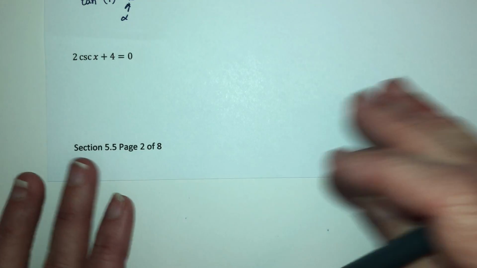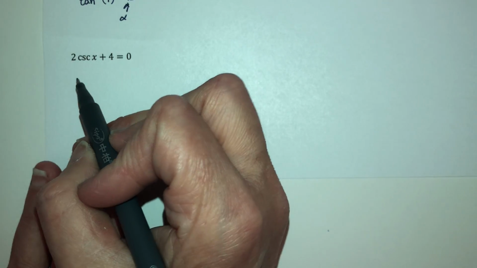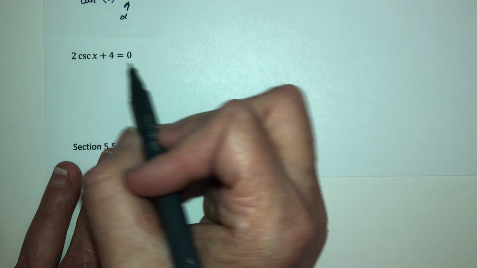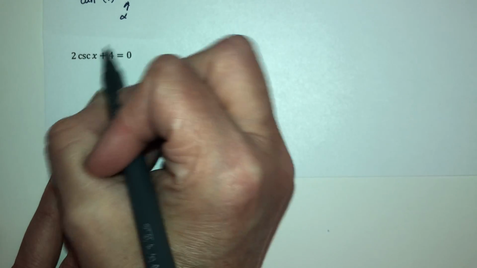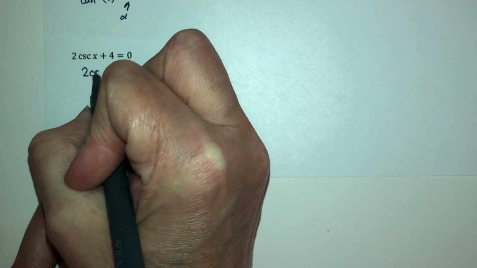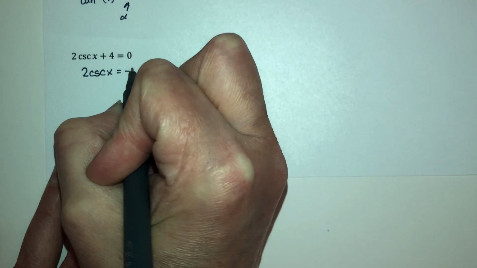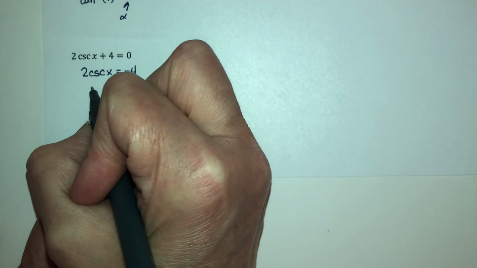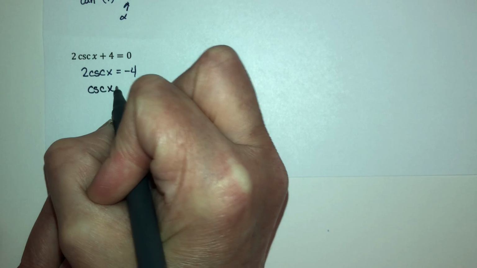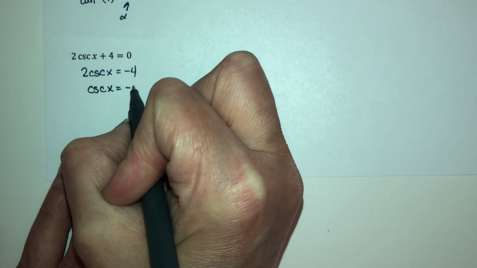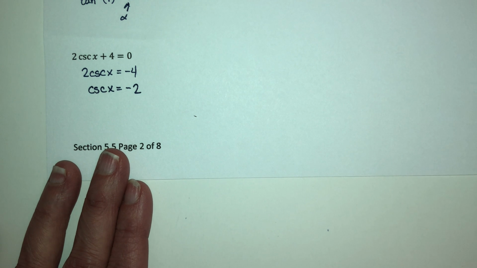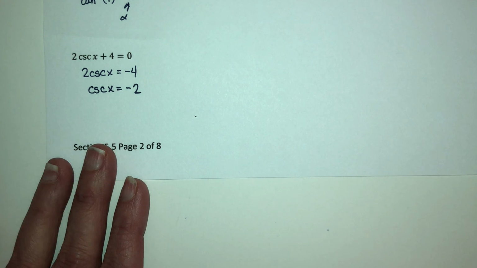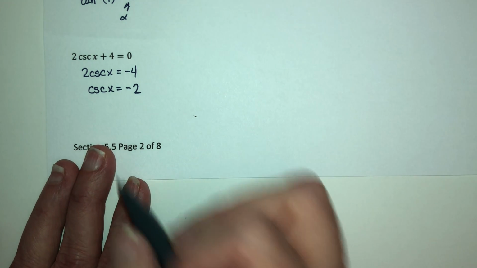Okay, let's solve 2 times cosecant x plus 4. I'm going to get cosecant x by itself first, so subtract 4. And then divide by 2. And I have cosecant of x is equal to -2.